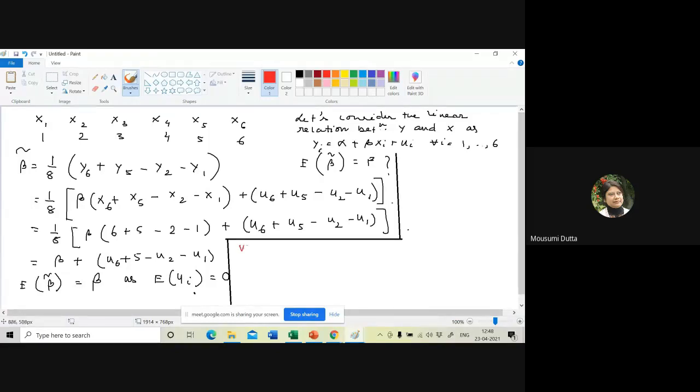We have to calculate variance of beta tilde, which is variance of this one.